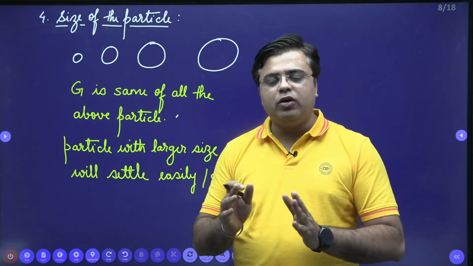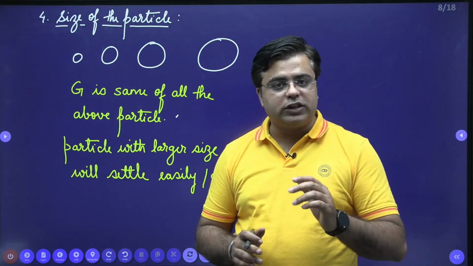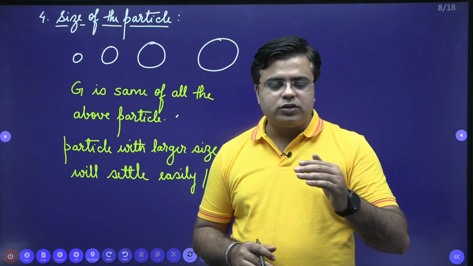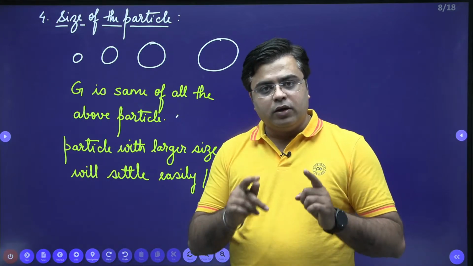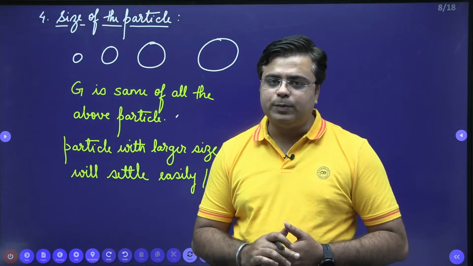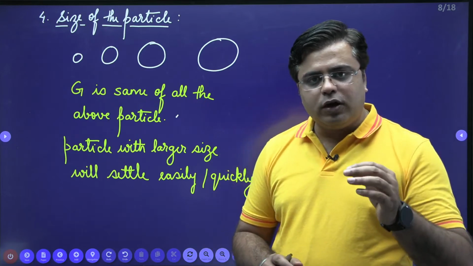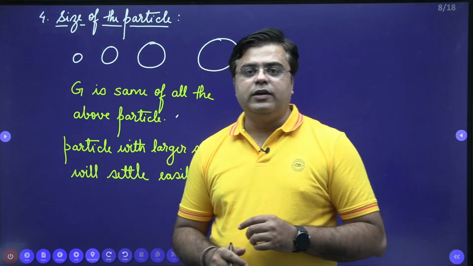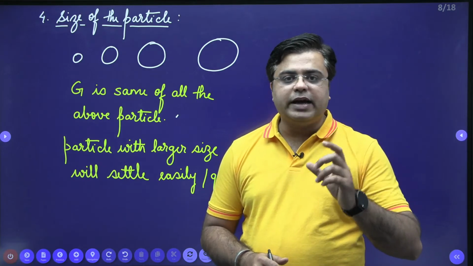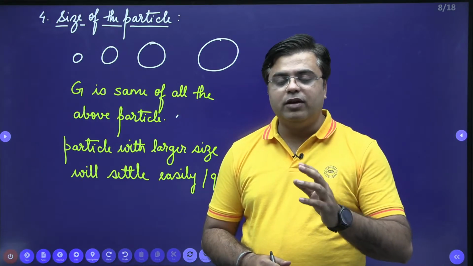So every time you are comparing the settling of solids with respect to size, first thing you need to ensure is that all the solids you are comparing should have same value of G, that is specific gravity. And if all these solids have same value of G, then with respect to the size of the particle, settling will be defined.